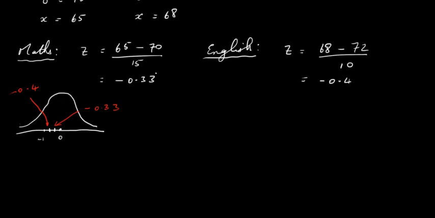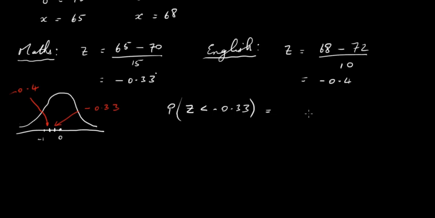So she did better in maths than she did in English relative to the other students. Or if you want to look at it from the point of view of probability, we could say the probability that Z is less than minus 0.33. We can work out the probability here.